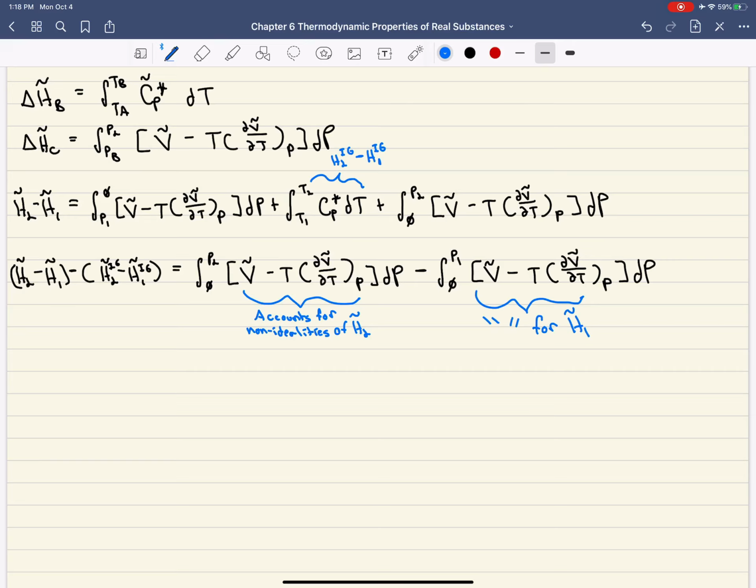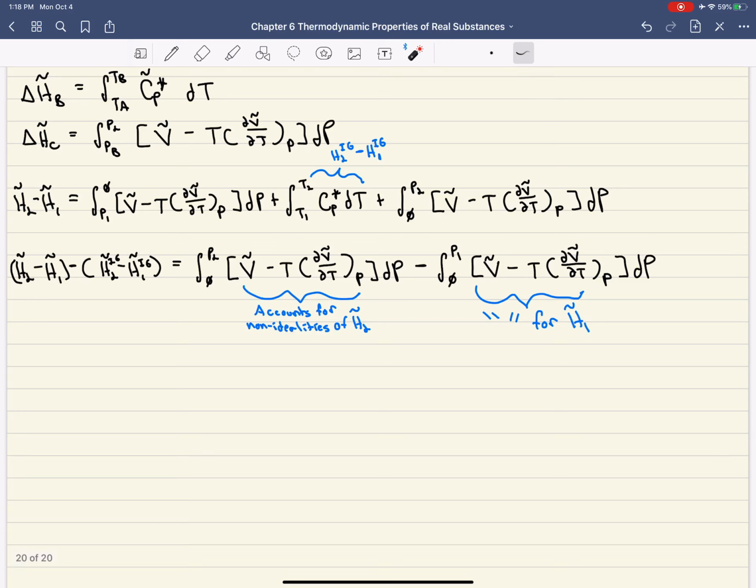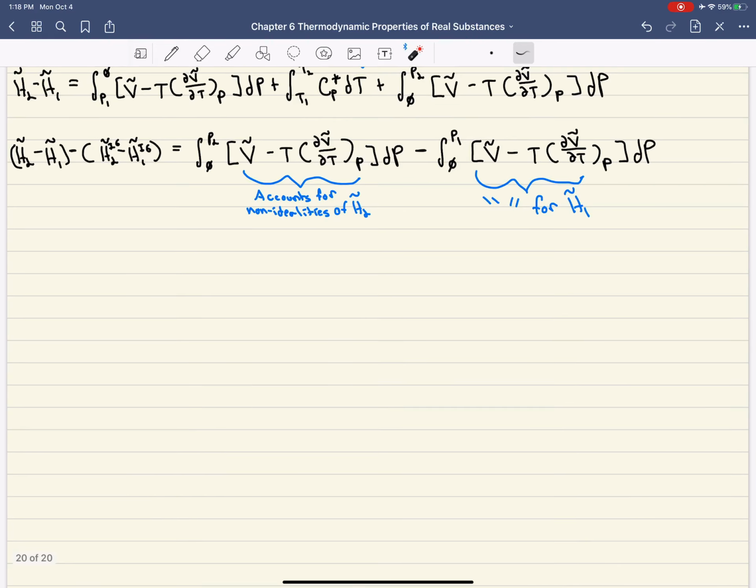Okay? And so, these terms describe how these streams actually depart from ideal gas behavior, right? And so what I'm going to call these terms is departure functions, right?